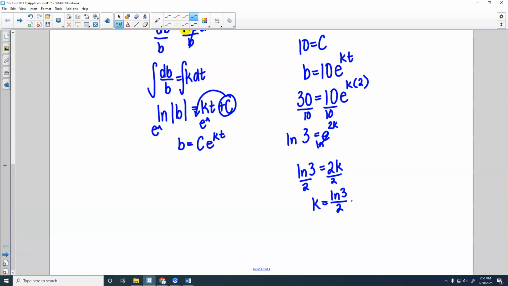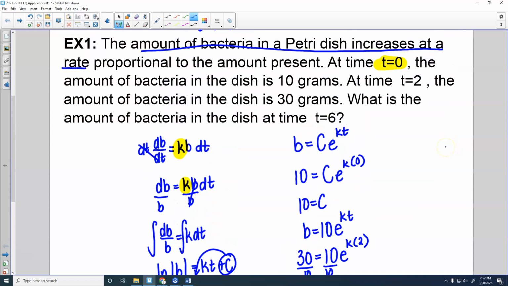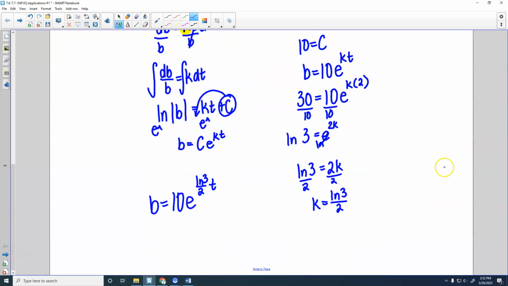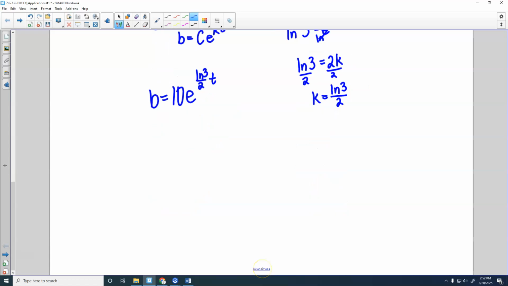So now our equation is b equals 10 e to the natural log of 3 over 2 times t. And so finally, we need to find the amount of bacteria when t equals 6. So what do we need to do at this point?